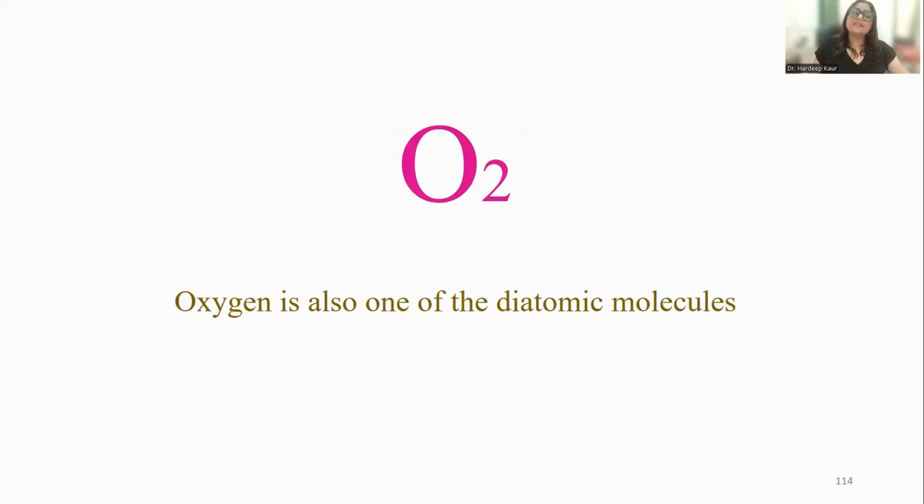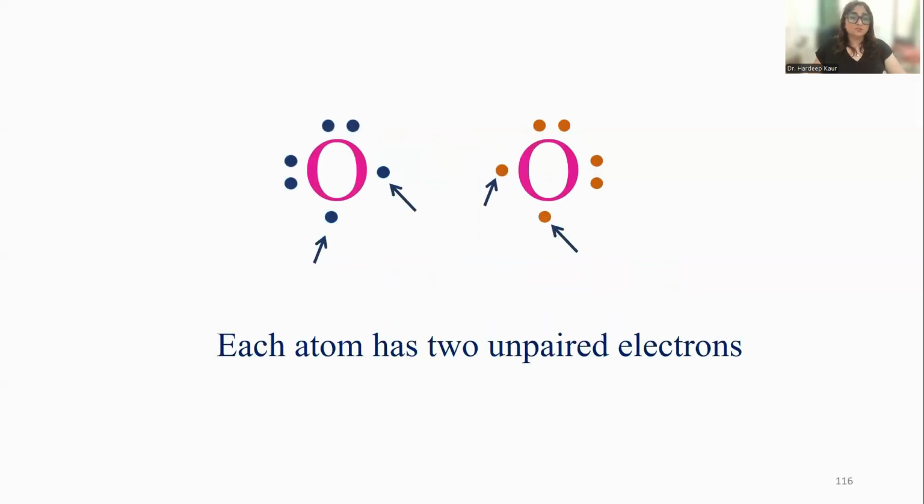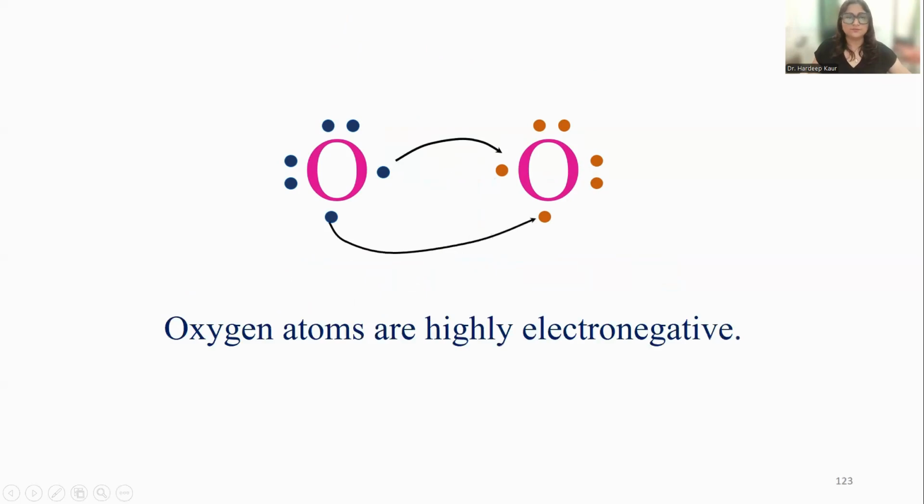Let's see it in the case of O2. It is a diatomic molecule. Both are non-metals, electronegative atoms. Each has 6 electrons, so they want two electrons, and there will be sharing of two electrons. Now check how they are going to be.